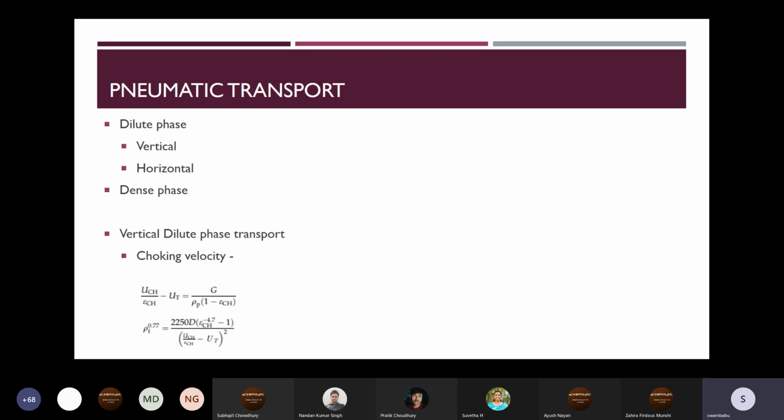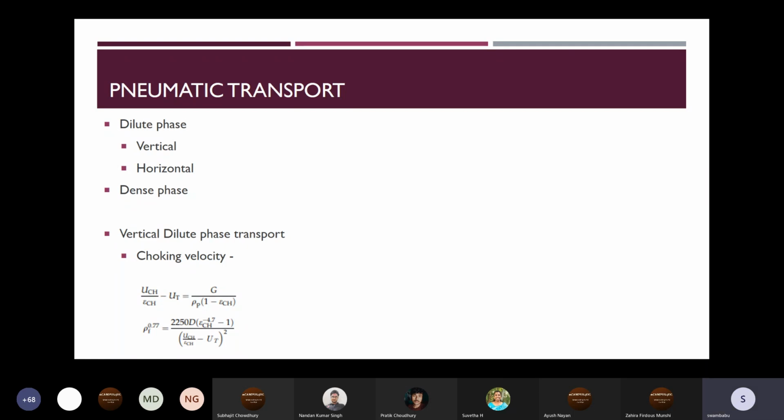That is the simple way. If you are transporting through vertical pipes, that is vertical dilute phase pneumatic transport. If you are transporting solids through a horizontal pipe, that is horizontal dilute phase pneumatic transport.